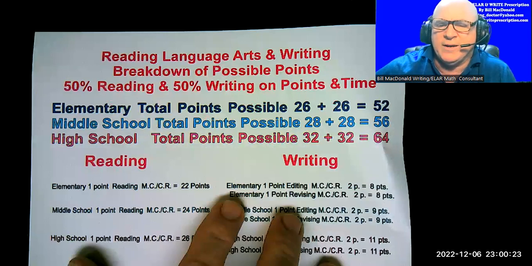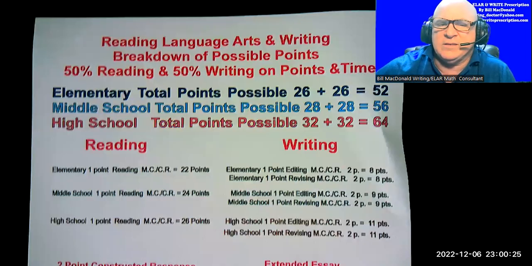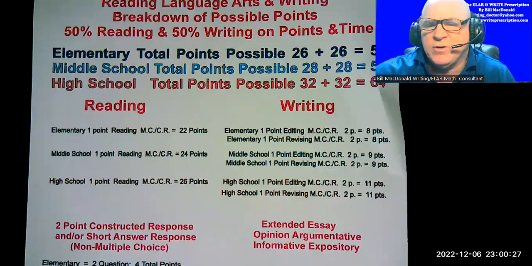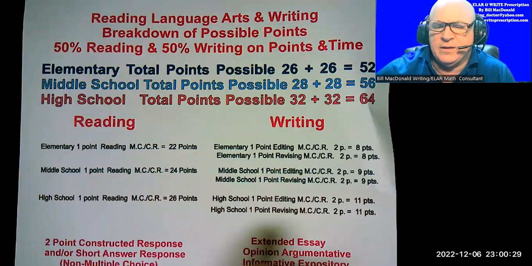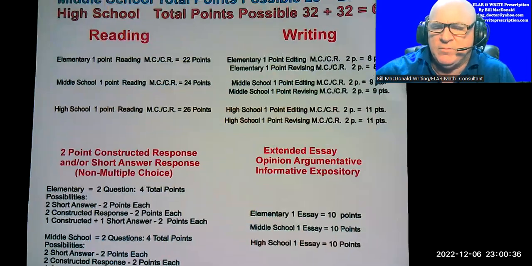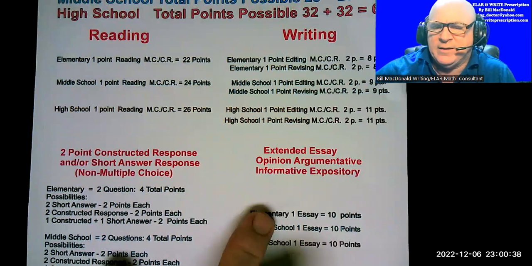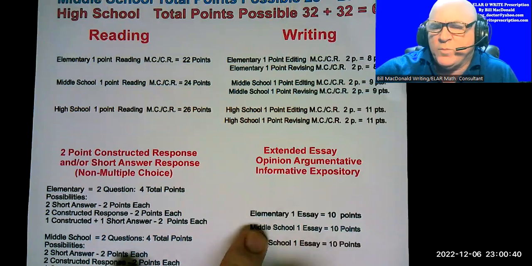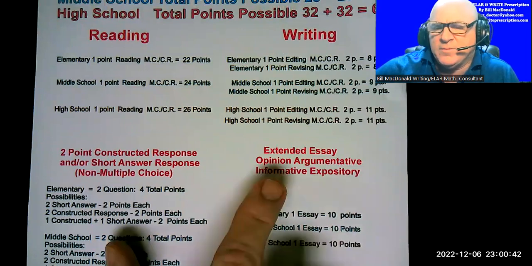So here's where it gets interesting. Since half of the test is writing, the easy thing to do was to go with what you knew. For elementary, middle school, and high school, the extended essay, whether it's opinion argumentative or informative expository, is going to be worth 10 points each.